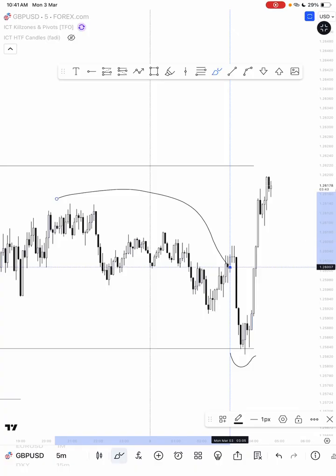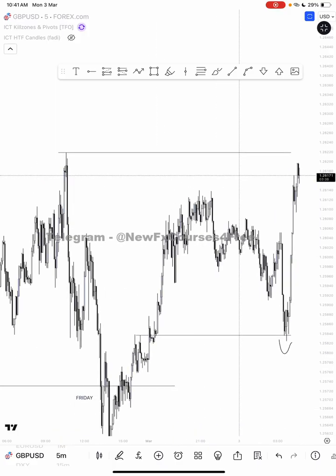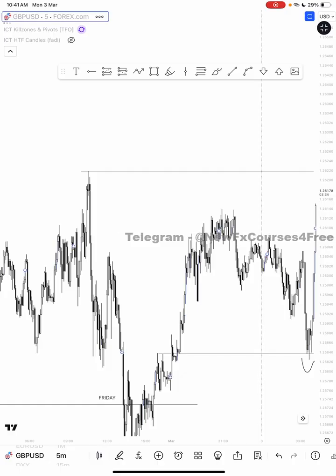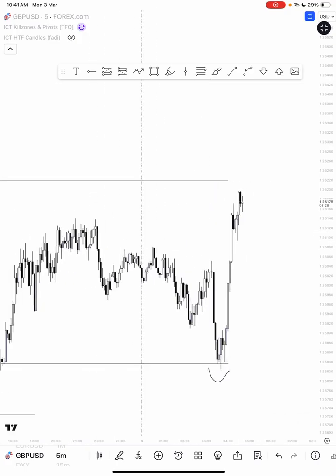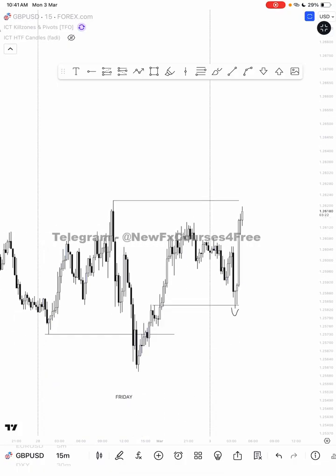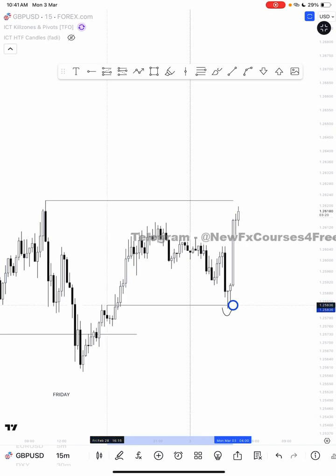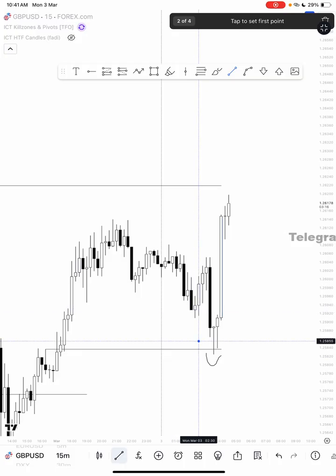You got your low resistance liquidity run, and what will be your draw on liquidity? Previous day's high, which is Friday's high, and you can see the market is almost there, just a peep away before reaching your final draw on liquidity.